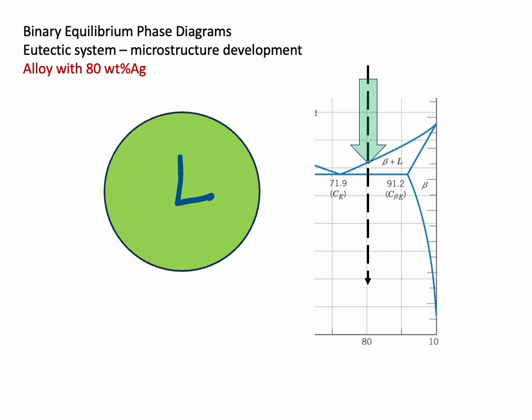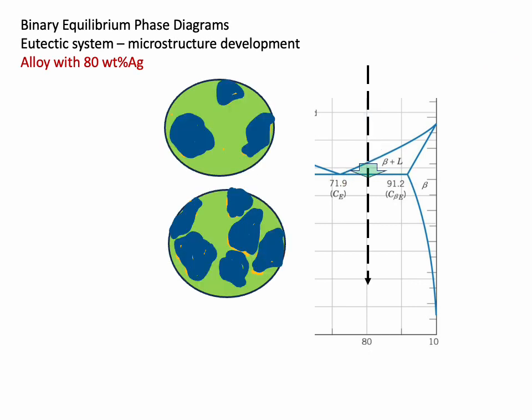Now I've got an alloy that has a composition between the eutectic and the far right end of the eutectic line. And so this is a hypereutectic alloy. And it's going to be very analogous to what we looked at a moment ago. So as it crosses into the two-phase region from all liquid into the liquid plus beta, as the beta starts to form, that's what we see here.